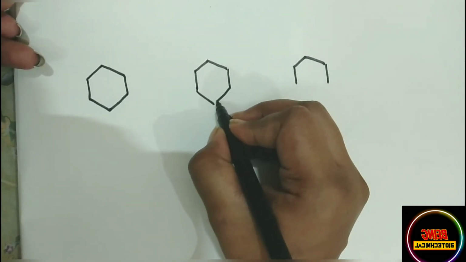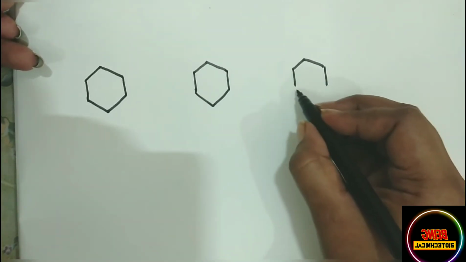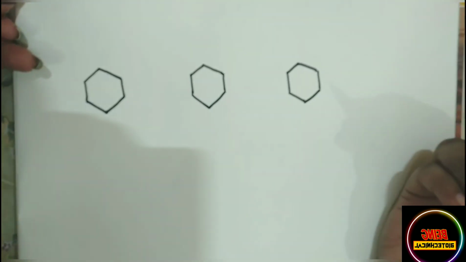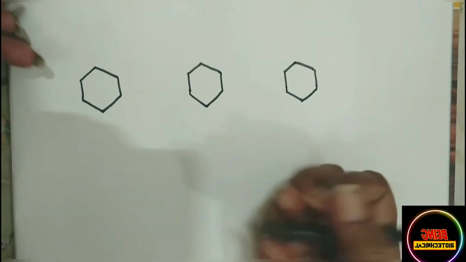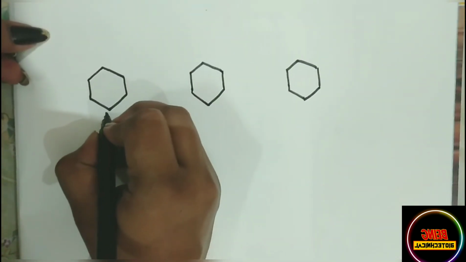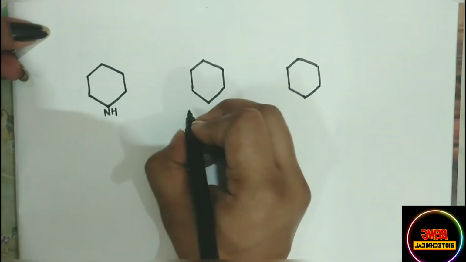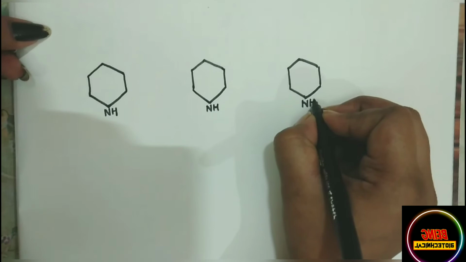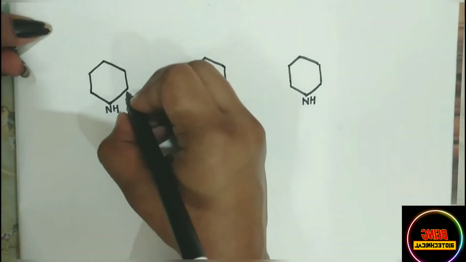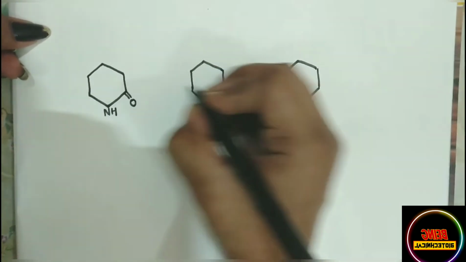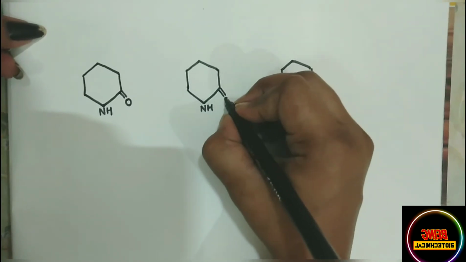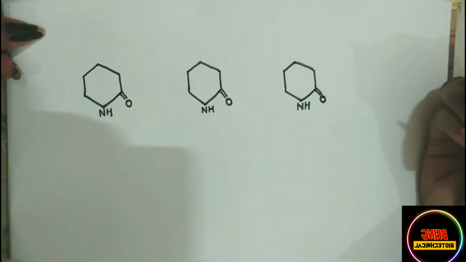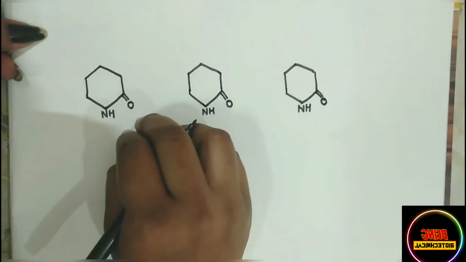This, and one more, this. Done. Now look carefully. NH, NH, NH. Done. Double bond O, double bond O, double bond O. Done.